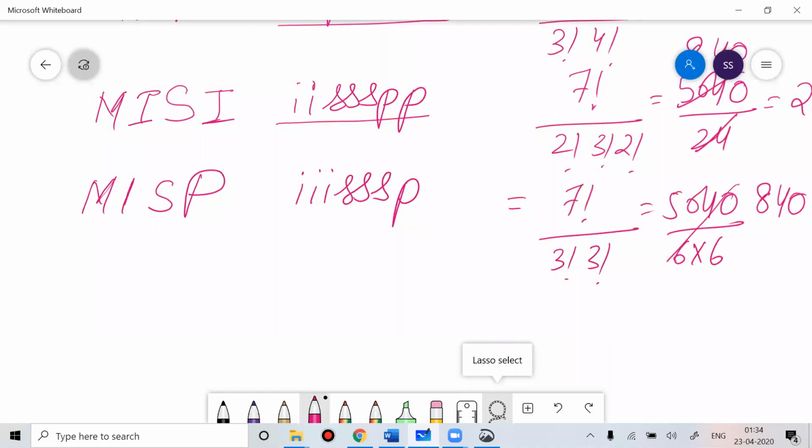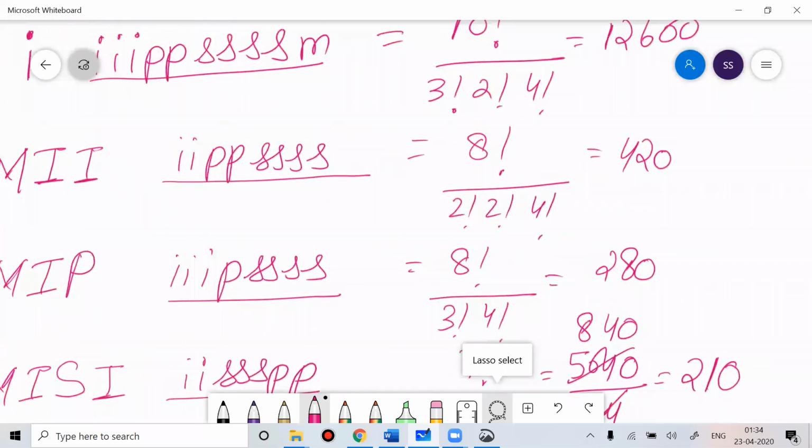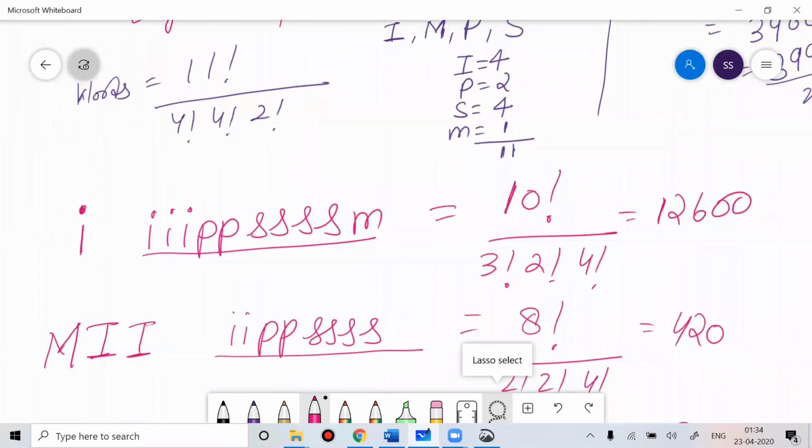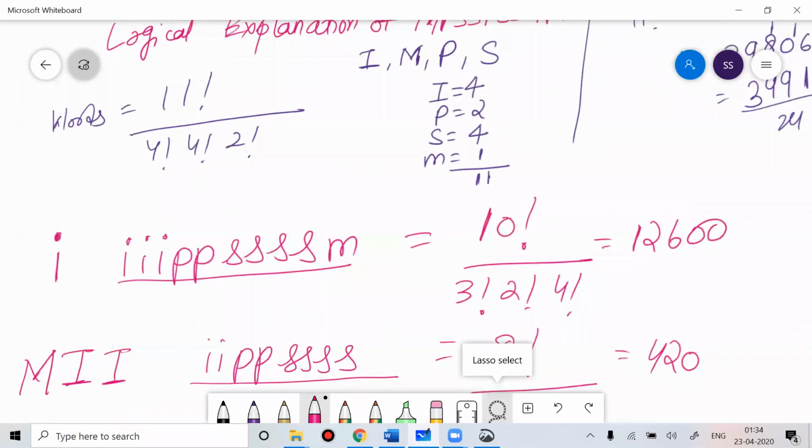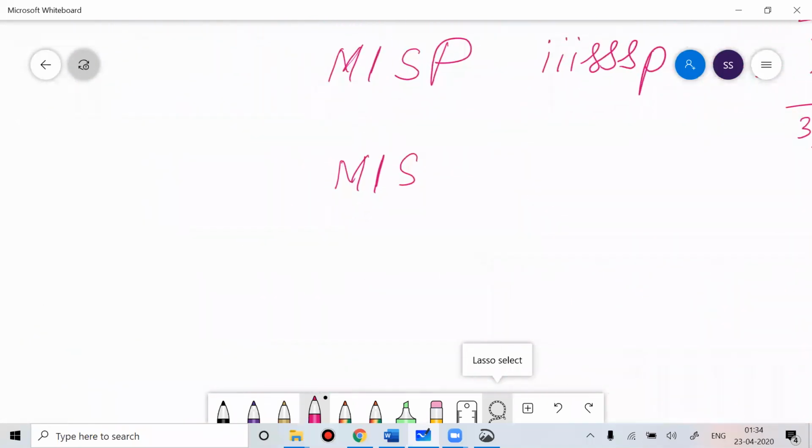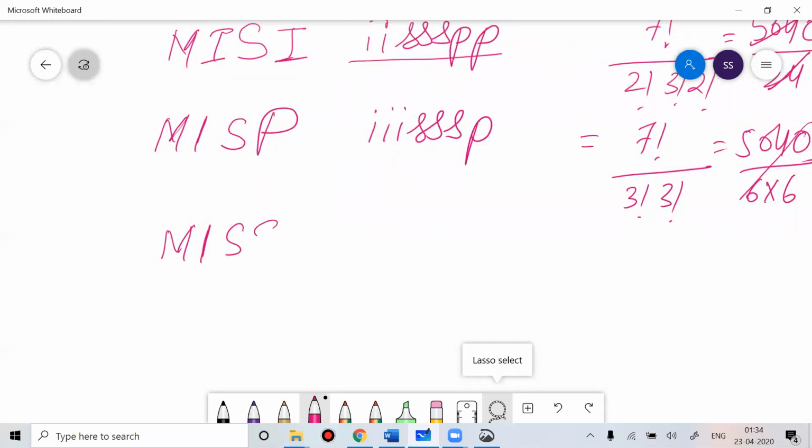Okay. Now after MISP, after P, what will come? S will come. So you got MISS. After S, what will come? I. So you got MISSI. After that, again you want S, but here I will come.